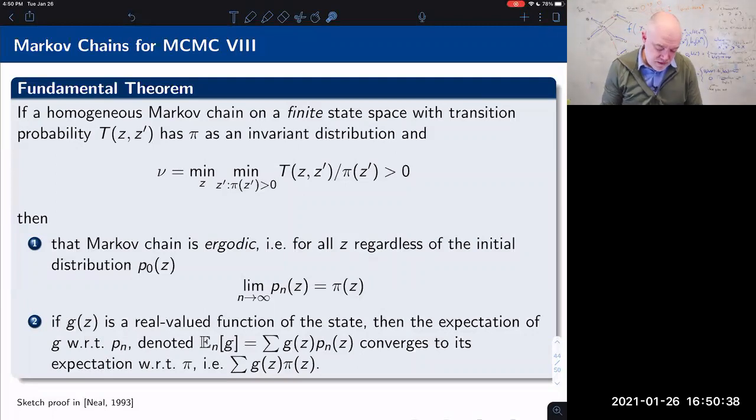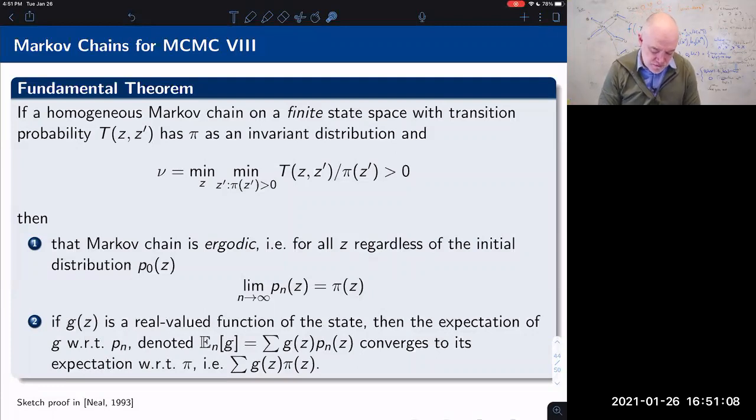The other statement is that if g, this is going to be our test function, is a real valued function of the state, then the expectation of g with respect to Pn, in other words, we're going to be drawing samples from Pn, which is the distribution of the nth state of the Markov chain, right?